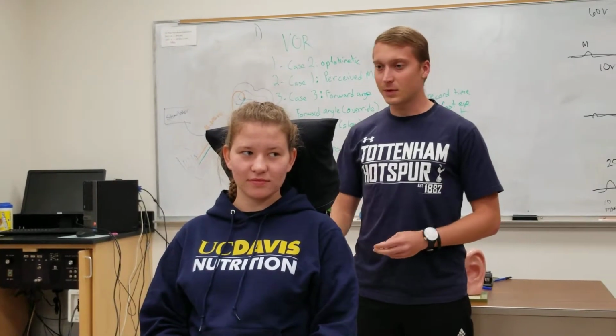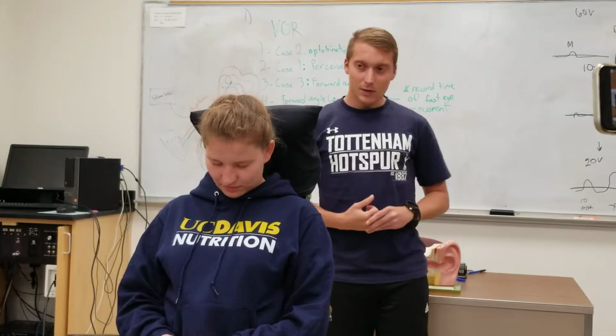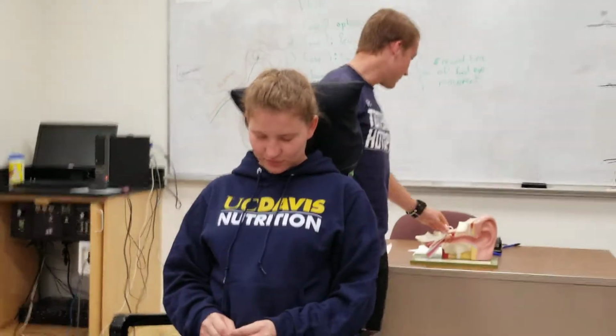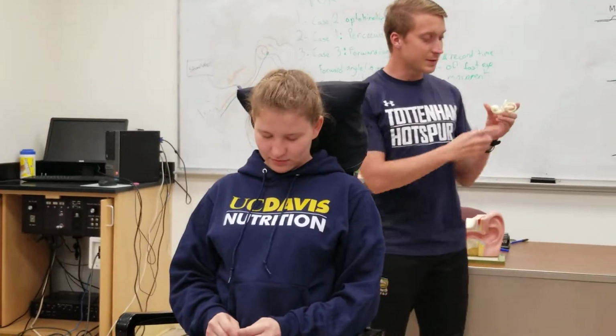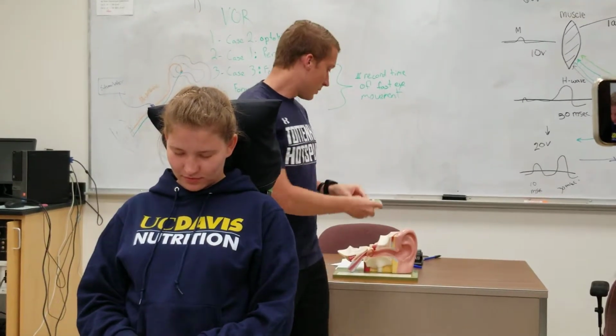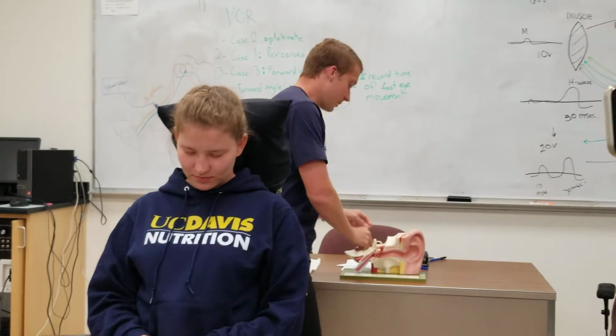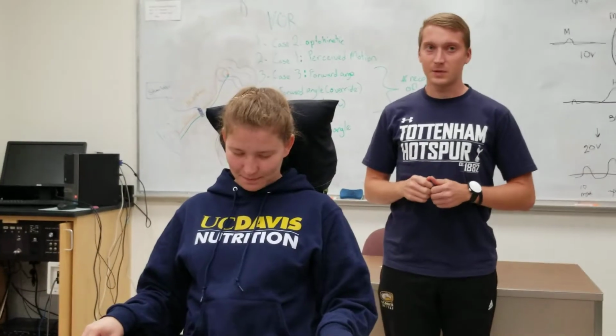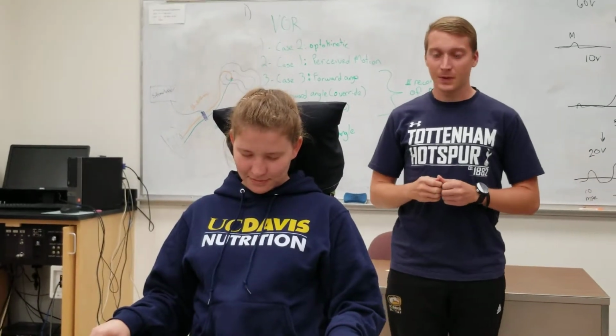Okay. And then the next thing we're going to do is, Alina, I'm going to have you close your eyes and also tilt your head forward, so that the semicircular canal is horizontal. Then I'm going to spin her, and she's going to tell which way she perceives she's spinning.